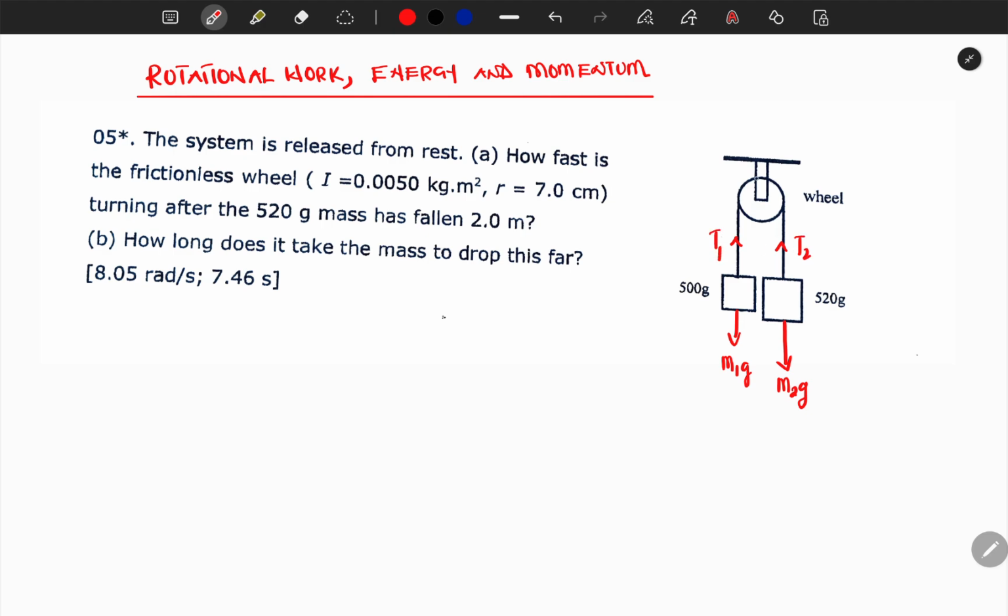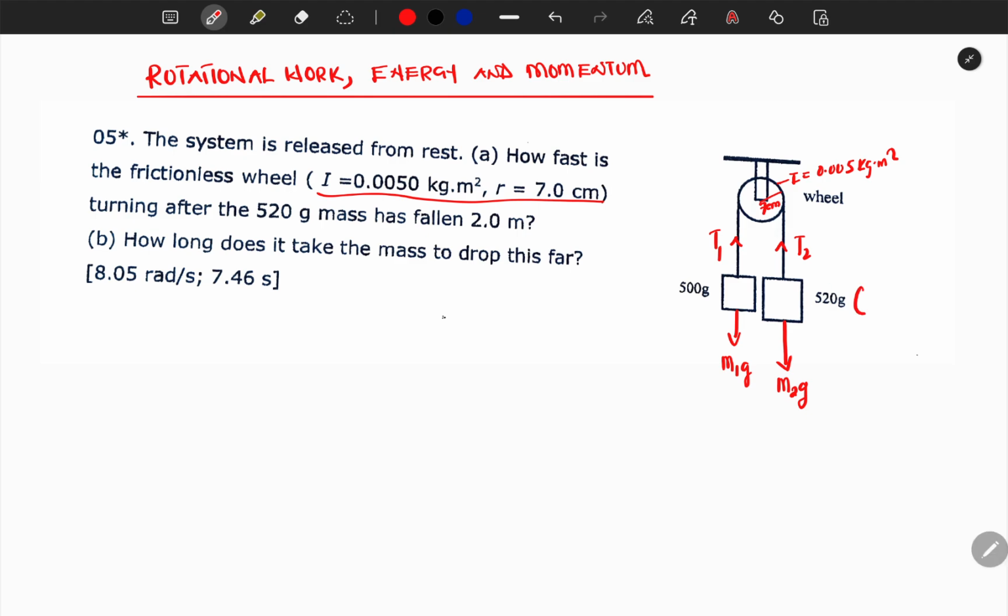Then at the same time, the wheel is turning and has this information. The radius of the wheel is just 7 centimeters, and the I is 0.005 kg square meter. That is what we have. M2 is this one.